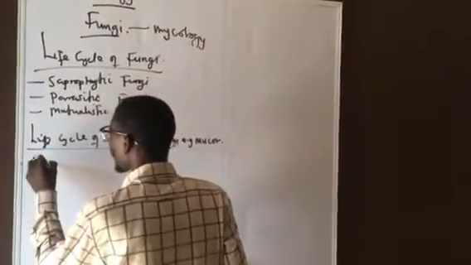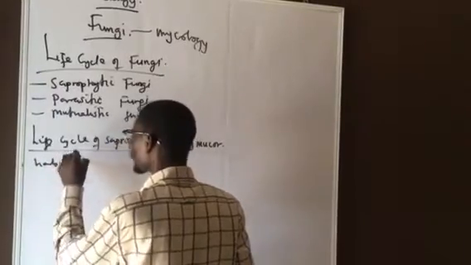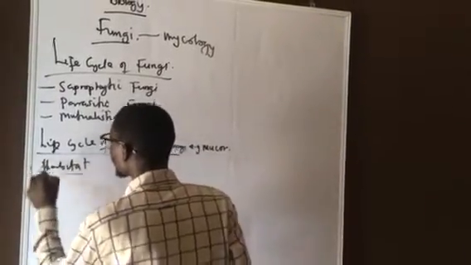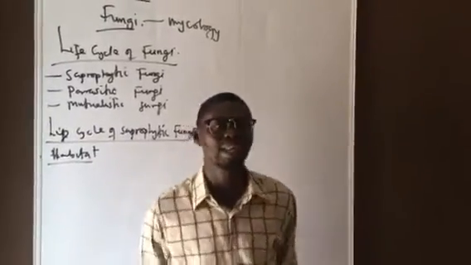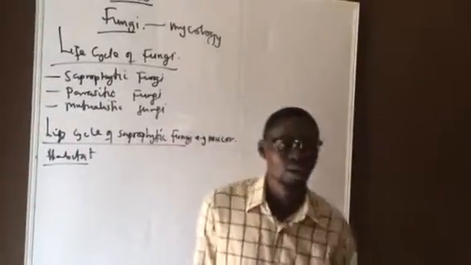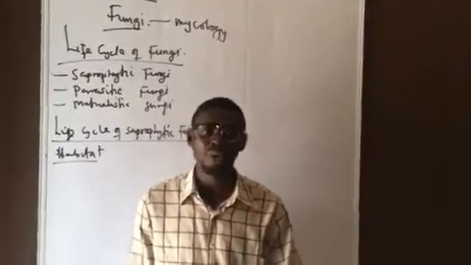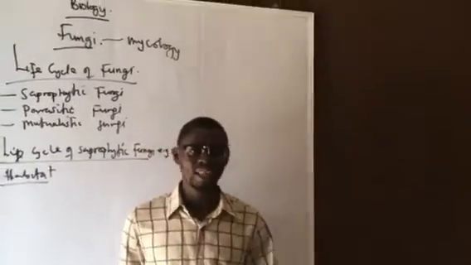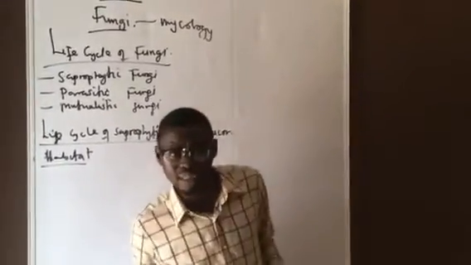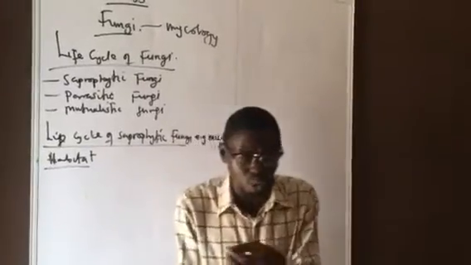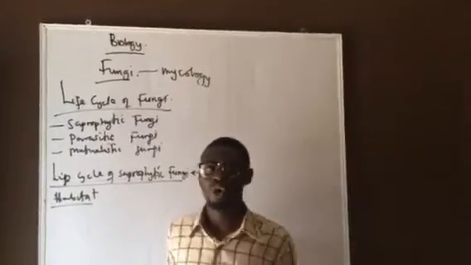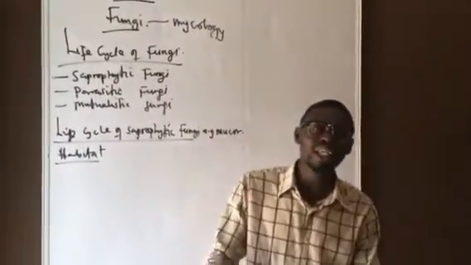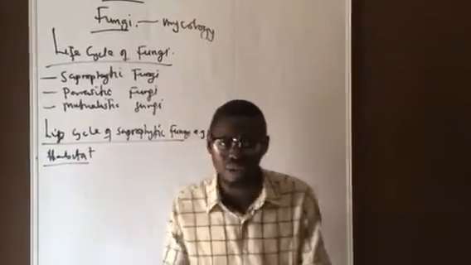The habitat of Mucor is usually moist, decaying food, non-living material, decaying food like your rice, your eba, your potato, eba that has been in the kitchen for like 3 days, 4 days. You start seeing some white or a brownish thing coming out. Those are Mucor. So Mucor are found on decaying food materials, cooked food that is already decaying.